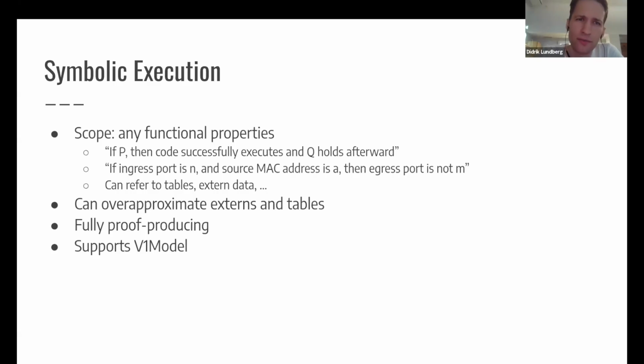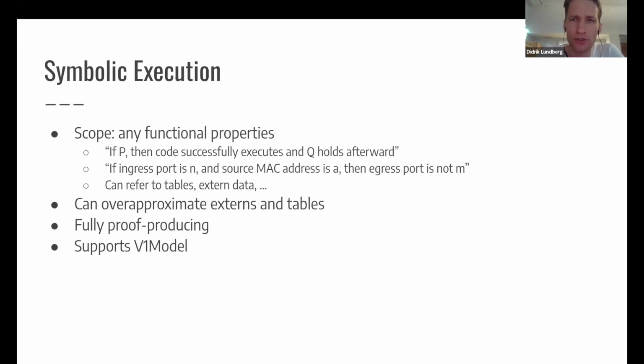Glossing over the details of how exactly to encode such properties in HOL4, this could, for example, be that if ingress port is N and source MAC address is A, where you expect a certain shape of the input packet, then egress port is M.